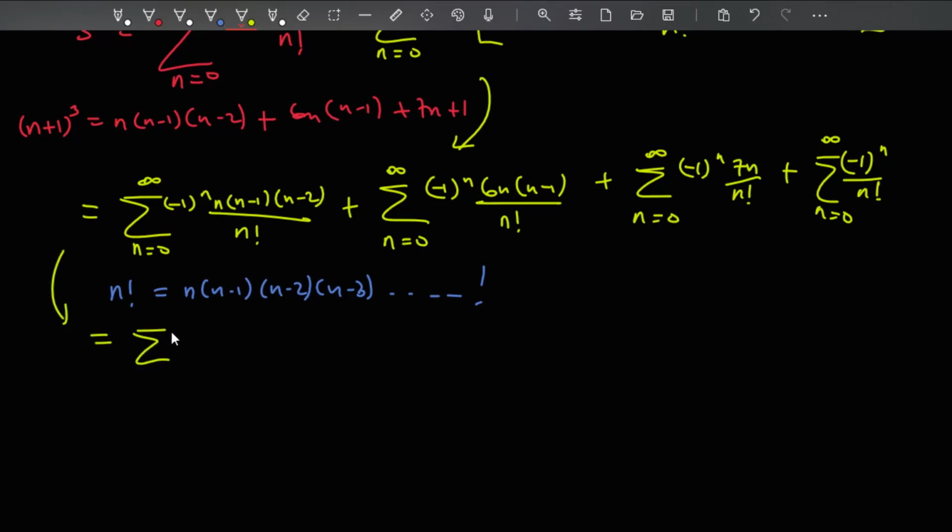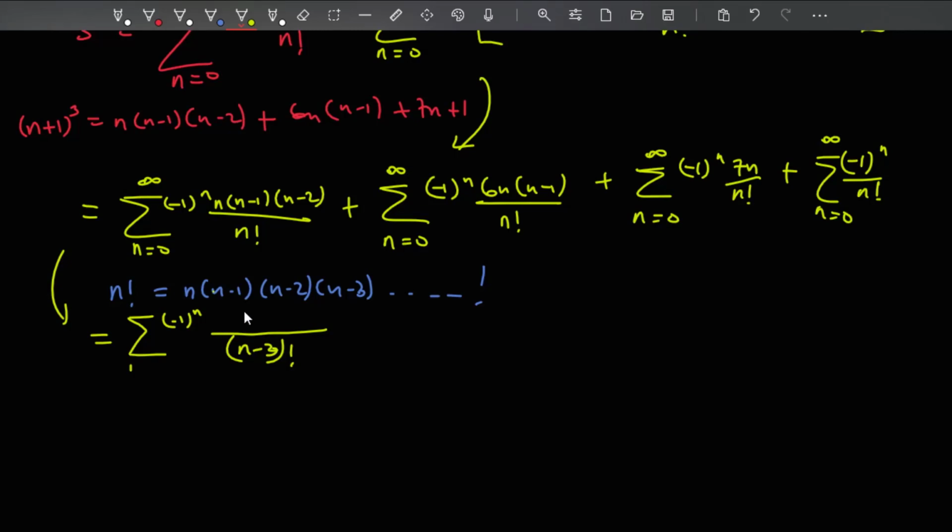So we have the summation of negative 1 to the power n. So if I write this as n into n minus 1, n minus 2, I'll just have n minus 2 factorial at the bottom here, and on top here I'll just go up to n minus 3 factorial because I want to cancel this out with the numerator.